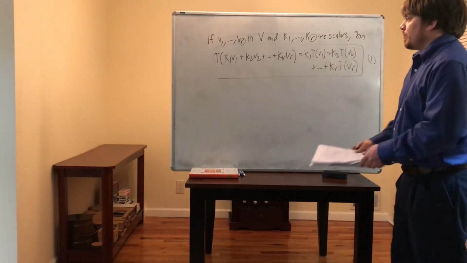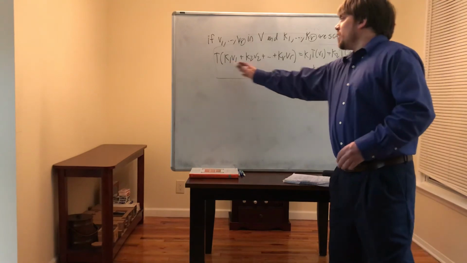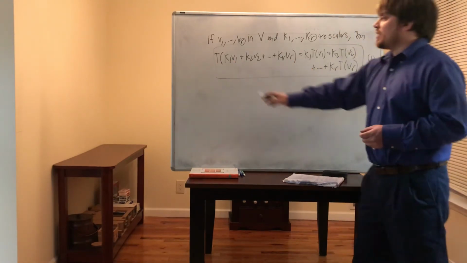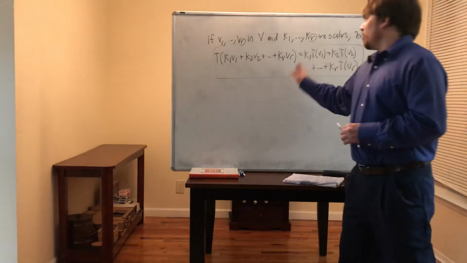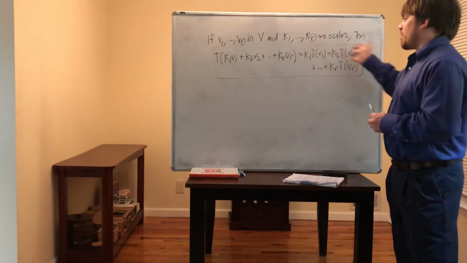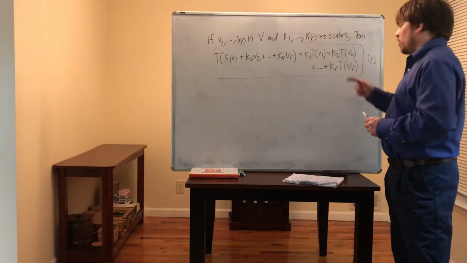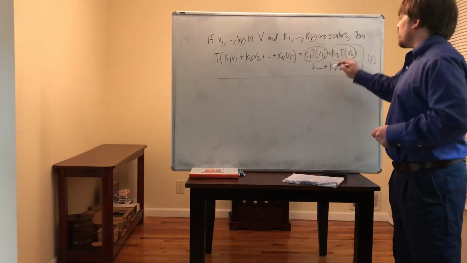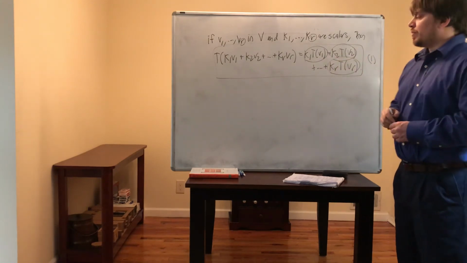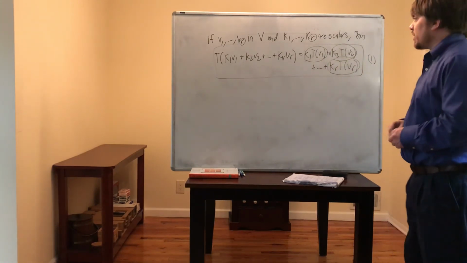Okay, so if you take T of this linear combination, you're going to get this, where you can just move the constants out of the T's and separate the terms into r terms like this. It'll be a sum of products looking like that.